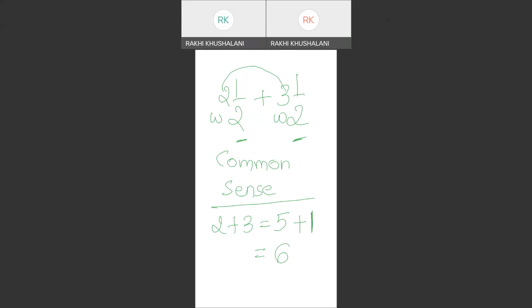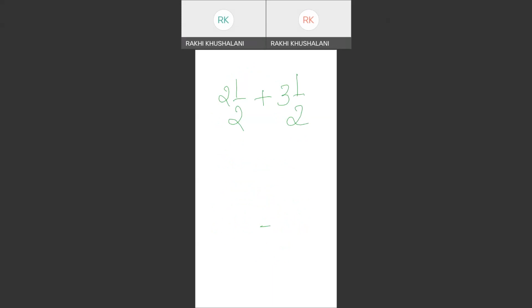The right method is to first convert the mixed fraction to an improper fraction.